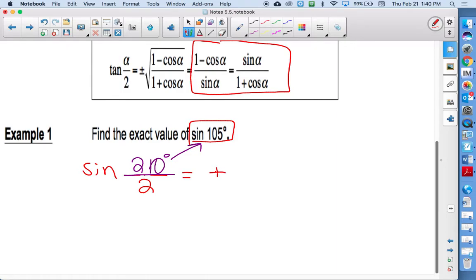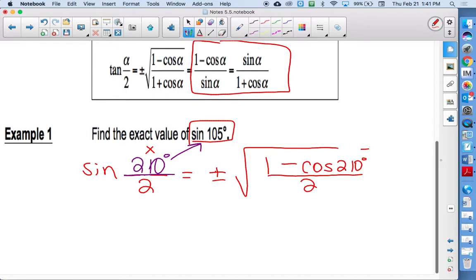We're then going to grab the formula, and the formula says take 1 minus the cosine of that angle. That angle that we're using, this is x, is 210 degrees. And then we're dividing that by 2. So 1 minus the cosine of x, well, x is 210, and then we're dividing that by 2.